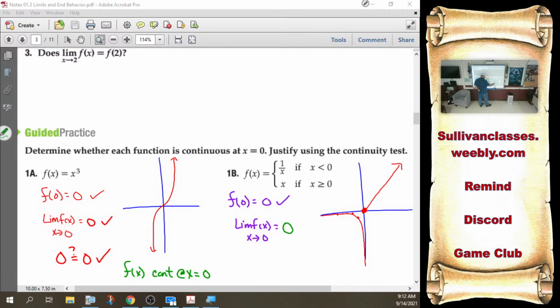So, the limit does not exist. Because as I come at it from both sides, it's not going to the same spot. One goes to negative infinity, the other goes to 0. Those are not the same. And then finally, 0 does not equal undefined. So it fails that part too.